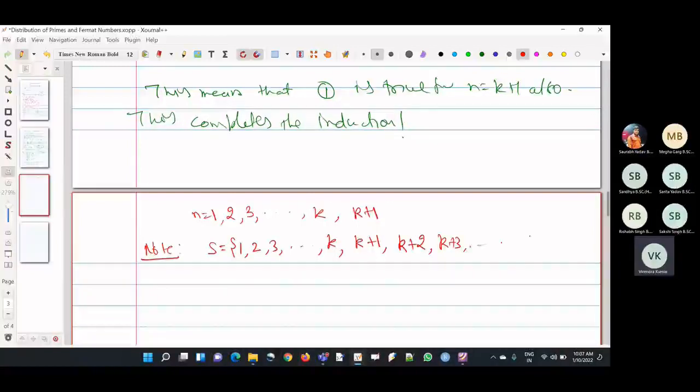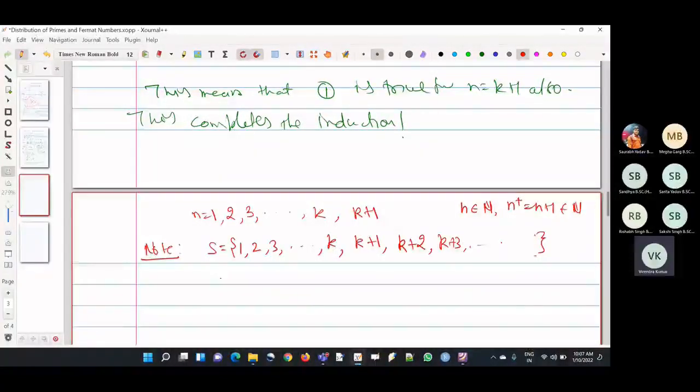Because this is an endless process, by the Peano axiom, the Peano axiom says that if there is a natural number n belonging to N, then n plus 1 is also going to be in the set N. So this is what the Peano axiom says. In short, I'm telling. So if there is k plus 3, then k plus 4 is also going to be there, k plus 5 is also going to be there, and this will continue infinitely, okay?